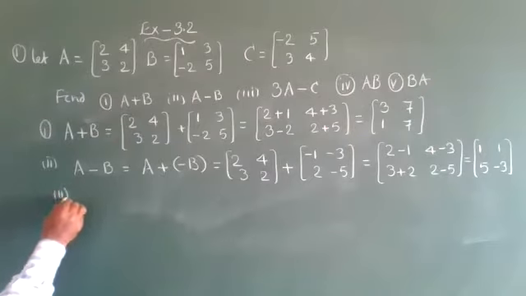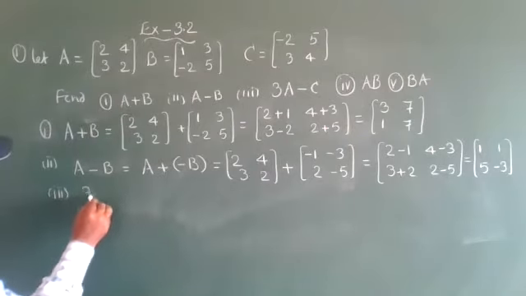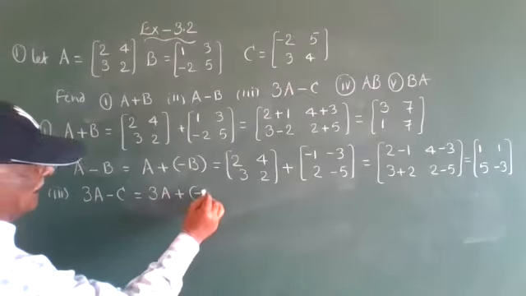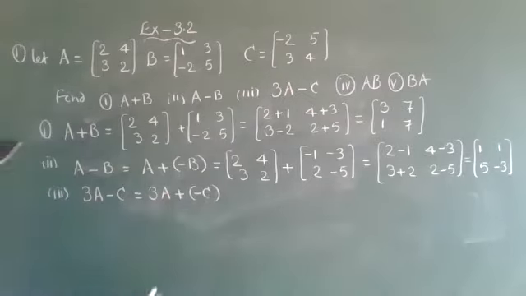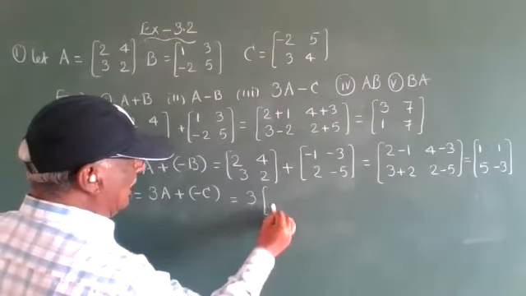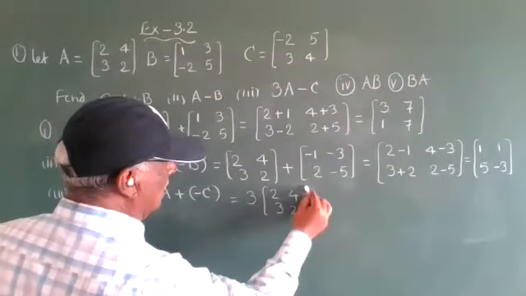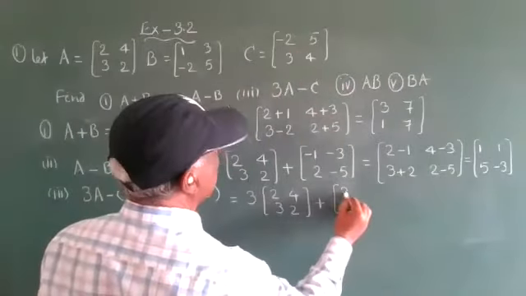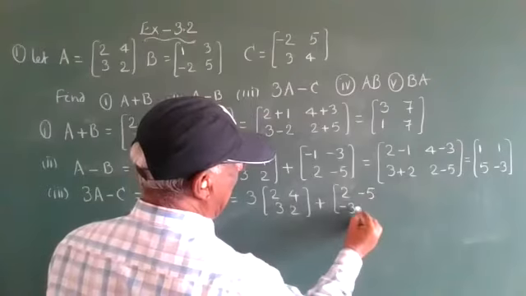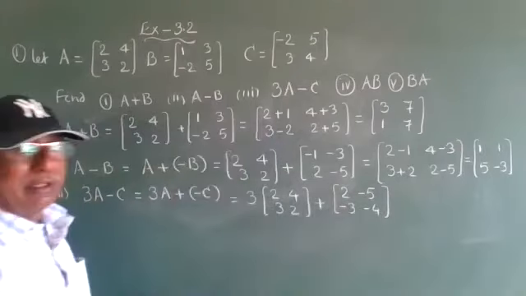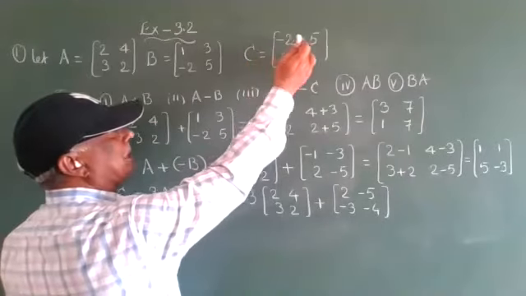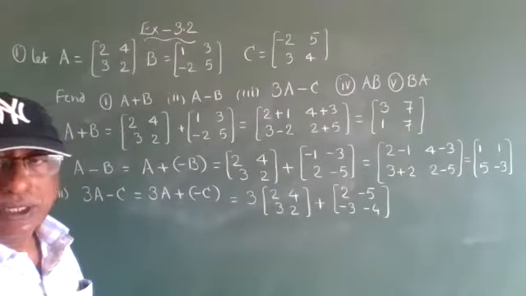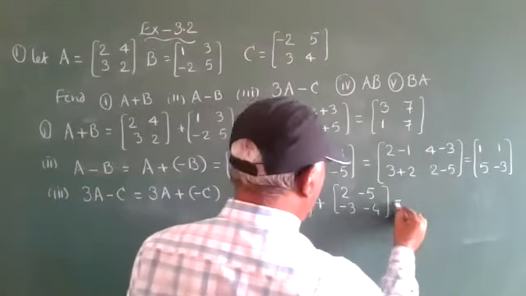Third bit, everyone see: 3 into A minus C. 3 multiplied with the A matrix, and the C matrix multiplied with the minus, after that add. 3 into A matrix 2, 4, 3, 2, plus C matrix multiplied with the minus, which is 2, minus 5, minus 3, minus 4. 3 scalar multiplication: multiply 3 to every element.